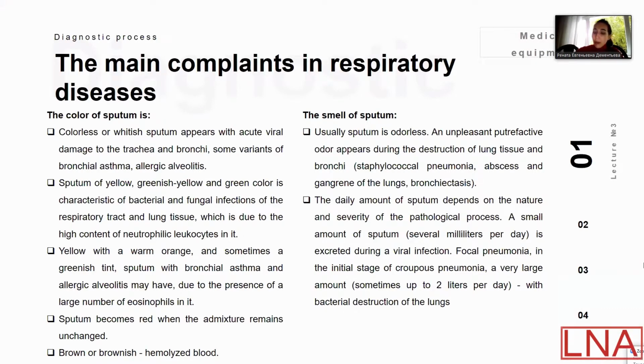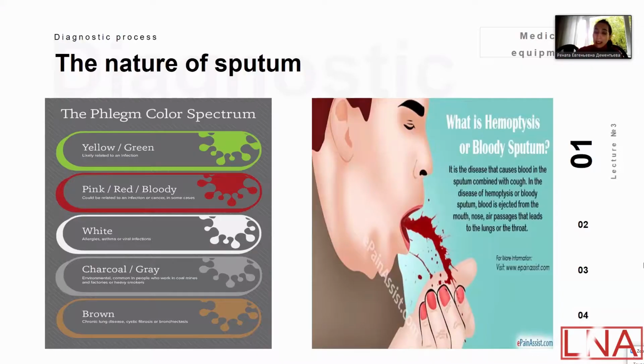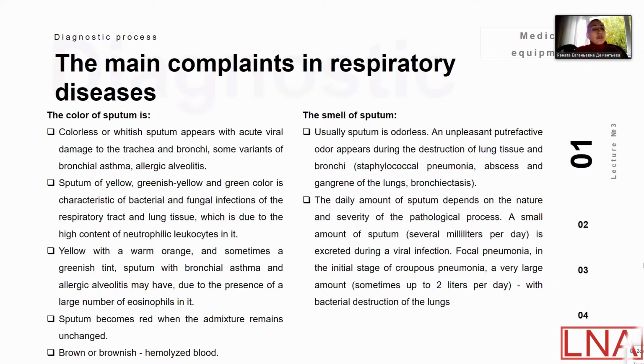Next, sputum of yellow, greenish yellow, and green color with different tints is characteristic of bacterial and fungal infection of the respiratory tract and lung tissue, which is due to the high content of neutrophilic leukocytes. And it's a sign of presence of purulent process.